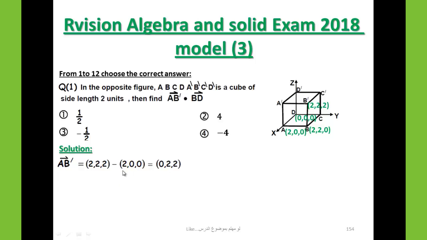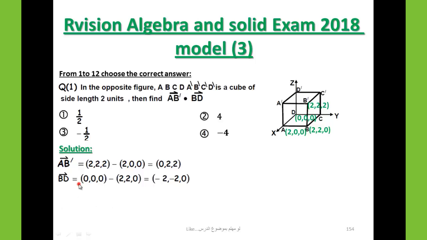Now we have to calculate B D. B D equals D minus B. The coordinates of the point D is 0, 0, 0. The coordinates of the point B is 2, 2 and 0.